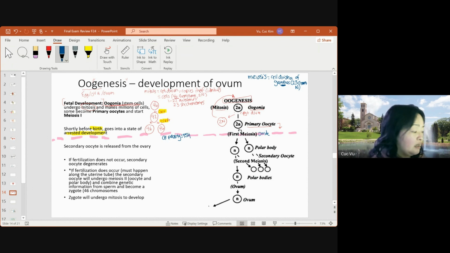So because of that, it's really important that that one cell is the best. So what happens is that after meiosis 1, all the good stuff is going to go into one of those cells. The other cell is referred to as the polar body. The polar body is just a way of getting rid of extra chromosomes.